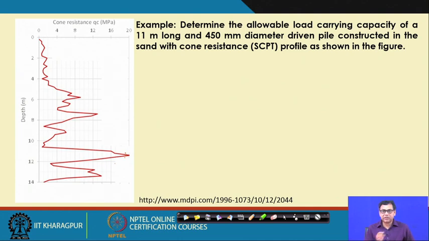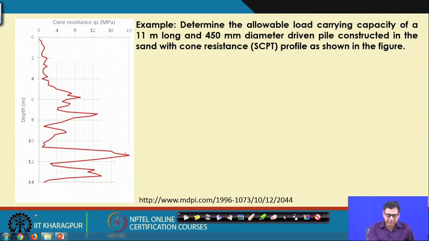So, let us solve one problem by using two methods that I have discussed. One is the first method, then the next one is the IS code recommendation. So, this is the field data of your QC value along with the depth.